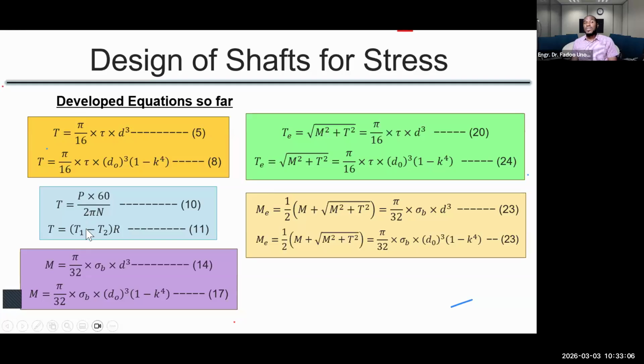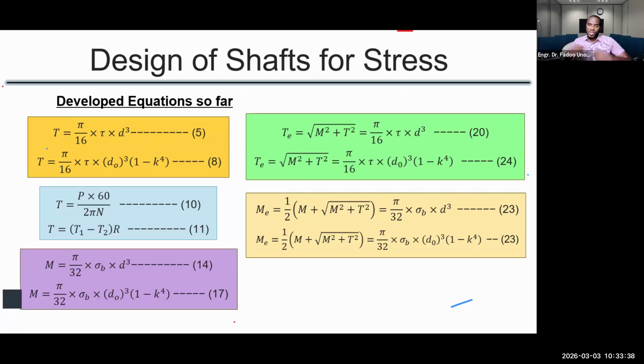If it's a case of a belt and pulley system, and you know the tensions in the tight and slack sides of your belt, then the torque that is transmitted is given by that equation. Then we came to deal with the case of an axle, a shaft-like entity that is subjected to only bending moments, no torsion. That means it's not spinning, no torque.